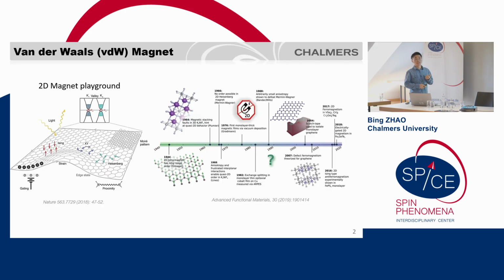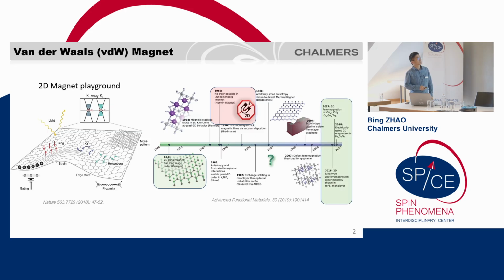You can date back to the 1940s. This is the 2D Ising model, and also the Mermin-Wagner theorem, which shows that no long-range order is possible in the Heisenberg model, meaning only a 2D Ising magnet is possible.